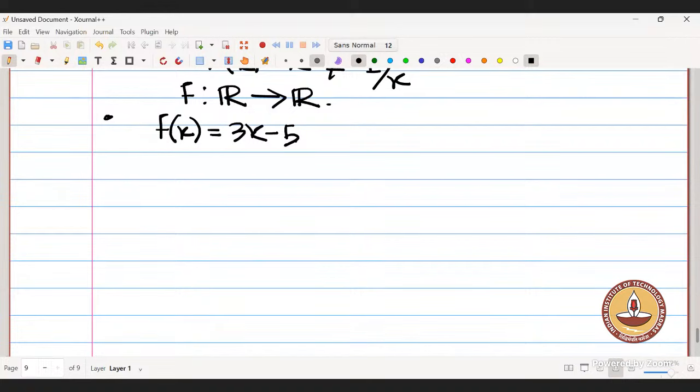Yes, this is a 1-1 function. What is the range of this function? All real numbers, since this is a line. So the range is whole real, right?